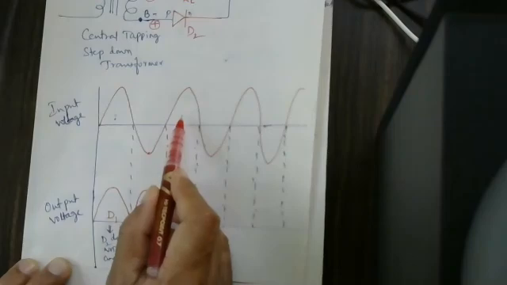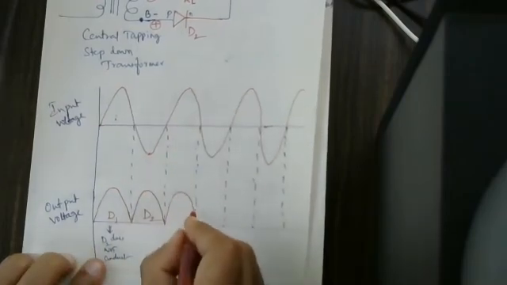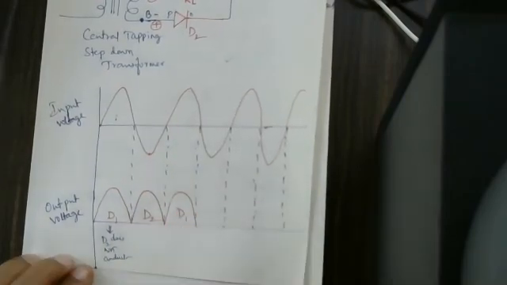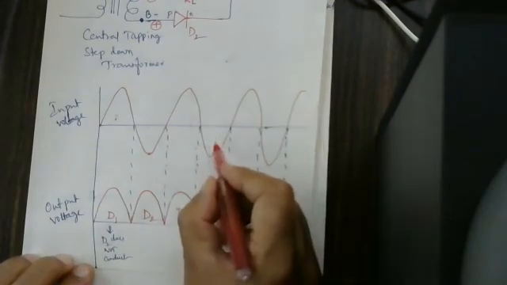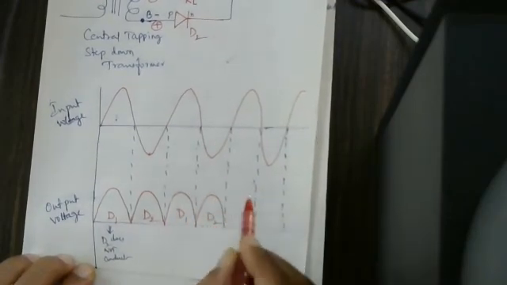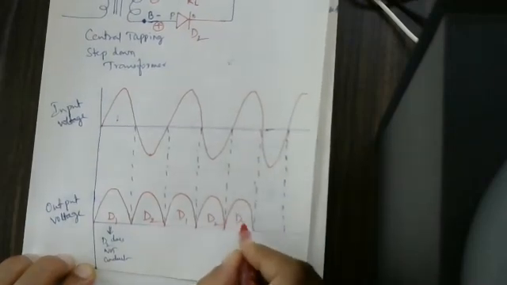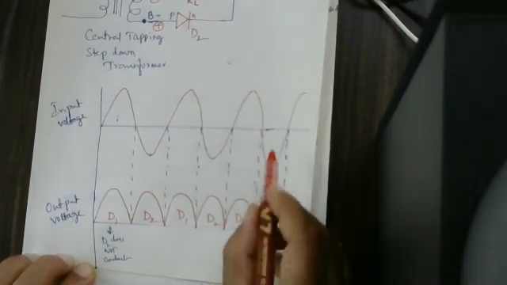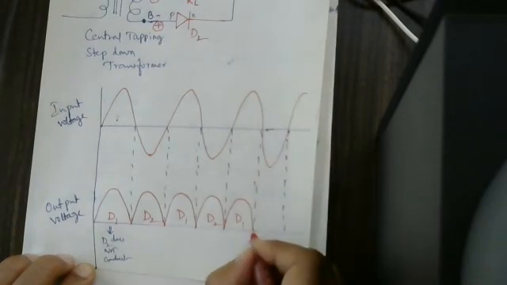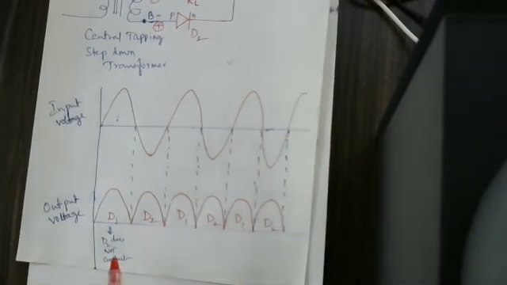Here again D1 is conducting, D2 does not conduct. Similarly, it will repeat. Here D2 conducts, D1 does not conduct. Here D1 conducts, D2 does not conduct. Here in the negative half cycle, D1 does not conduct, but D2 is conducting.